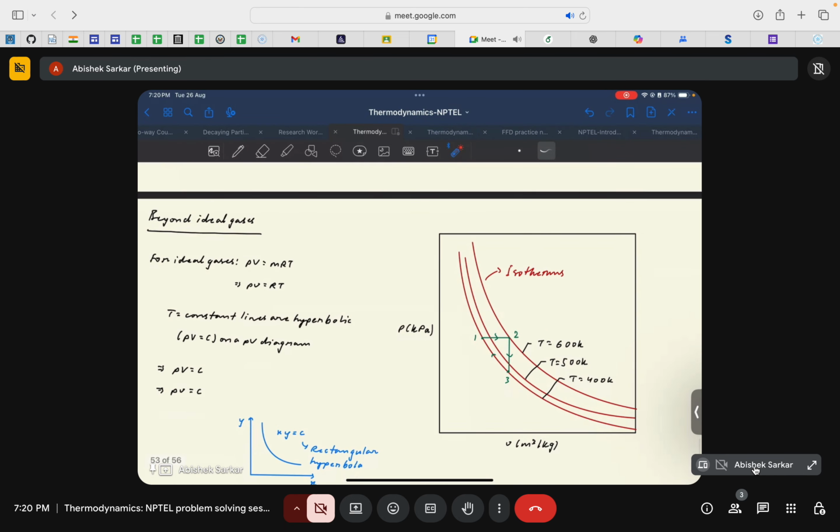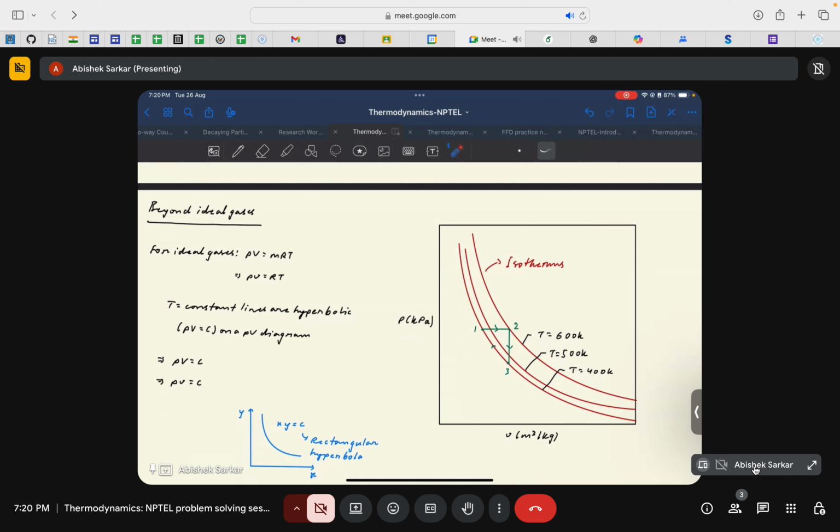So we know that for ideal gases, the governing equation is the ideal gas law, PV is equal to mRT. Now, if we divide the volume by the mass, it becomes the specific volume, and then we can write it as Pv is equal to RT.